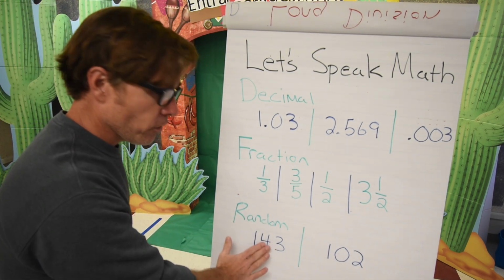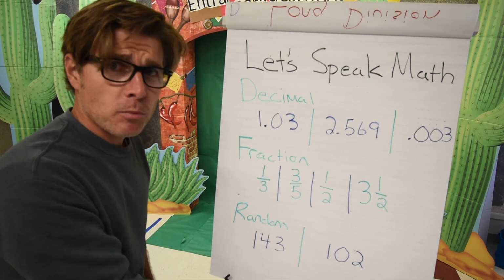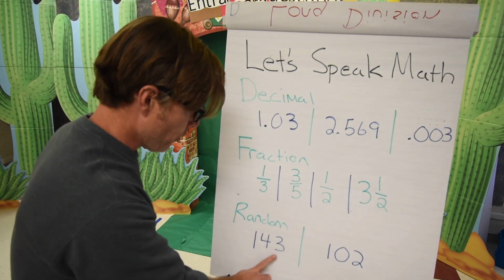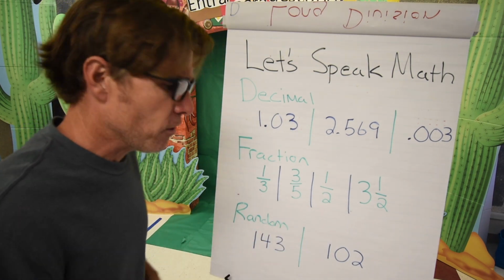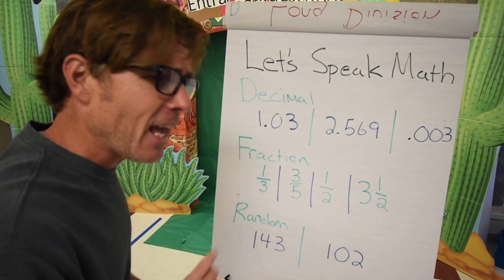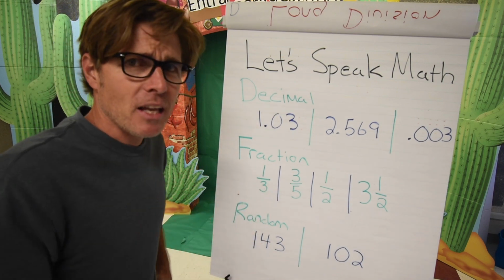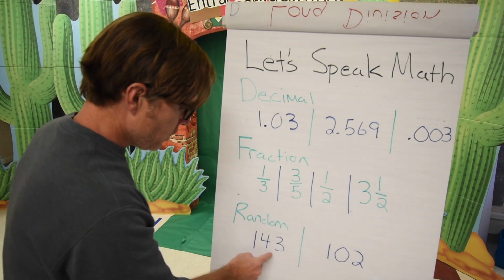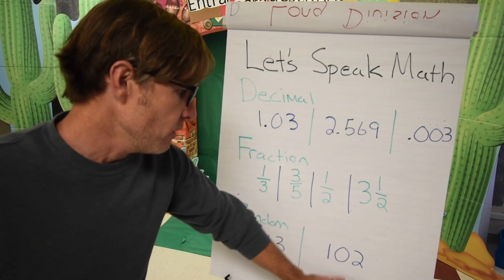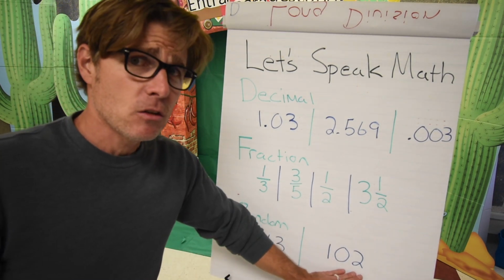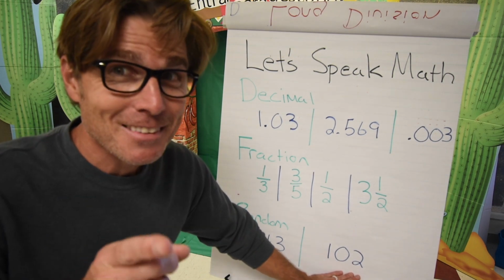Now, one place that we don't use "and" is my examples on the bottom. We have 143. We have a 1 in the hundreds place, a 4 in the tens place, and a 3 in the ones place. Now, if you notice, that is only whole numbers. There are no pieces of numbers, therefore "and" should not be incorporated into calling that number. 143. Just like in the 102, that's 100 and, caught myself.